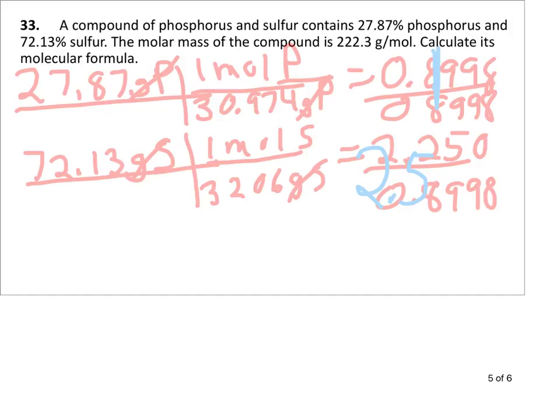Now, we got the fraction in there, decimal. We gotta get rid of it, so we'll multiply them both by 2. And that leaves us then with a 2 and a 5. 2 and a 5. So, meaning our empirical formula then is P2S5.